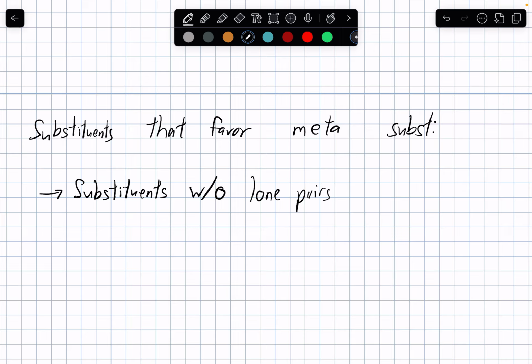Except alkyl groups. Alkyl groups are exempted. Once you hear the word alkyl group, they're automatically ortho para, even though they don't have lone pairs. Okay. They favor the meta substitution because ortho and para substitution lead to destabilized arenium ions. Okay.